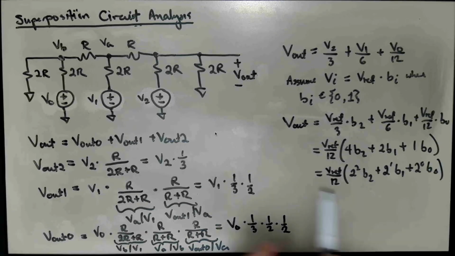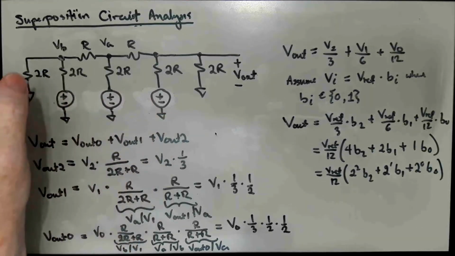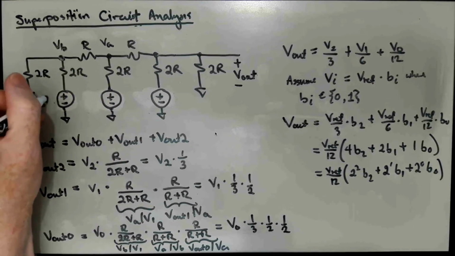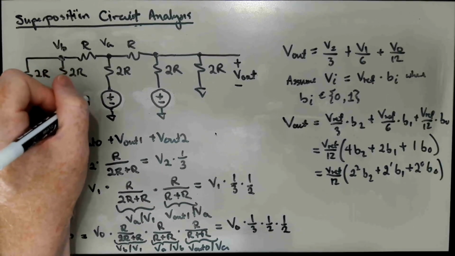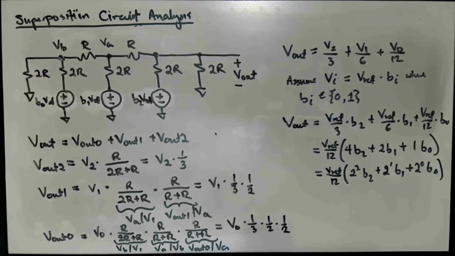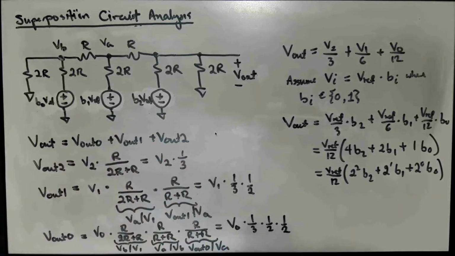And with this sort of interpretation of the inputs, so this was B0 Vref, B1 Vref, and B2 Vref, this network, the simple resistive network, is a 3-bit digital to analog converter. It produces an output voltage that is proportional to the binary number that's encoded by these 3 bits.